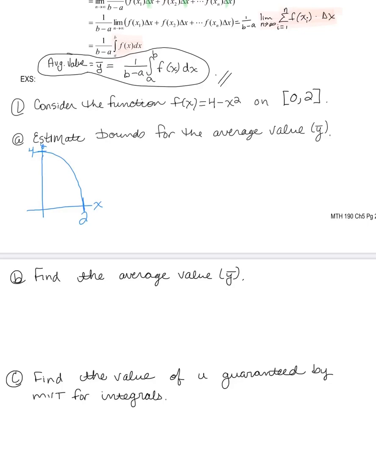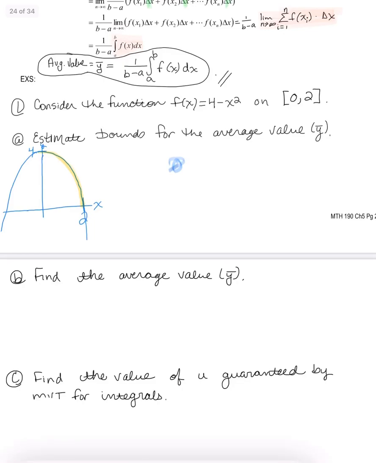Even though this function keeps going in both directions, we're really just focused on this interval from 0 to 2, this part of the function. The range of y values on that part is between 0 and 4.